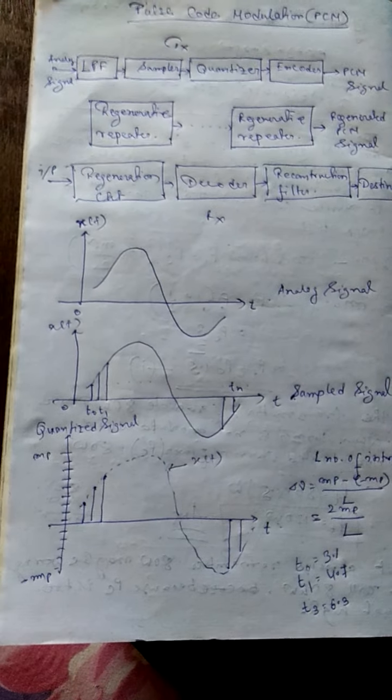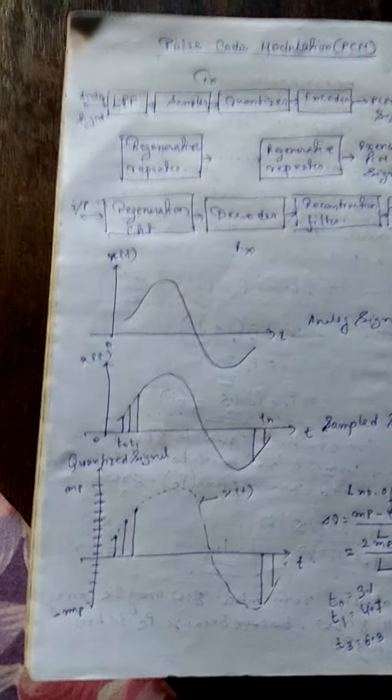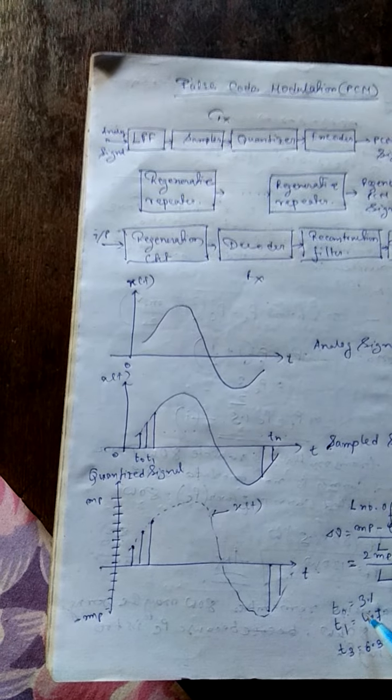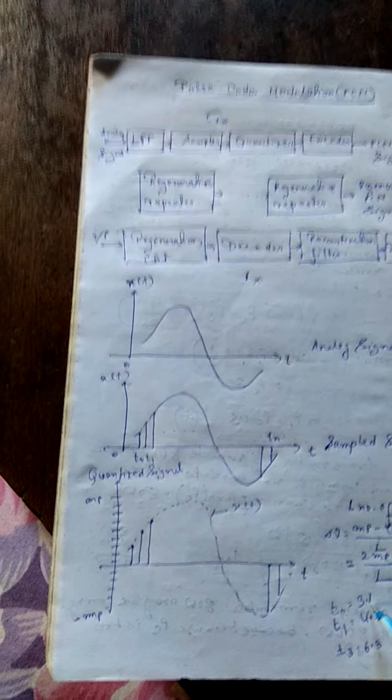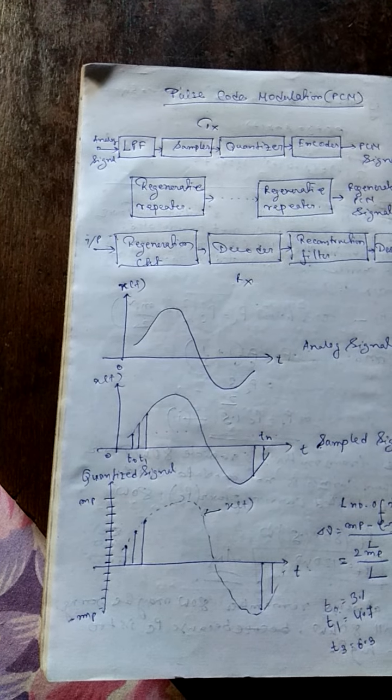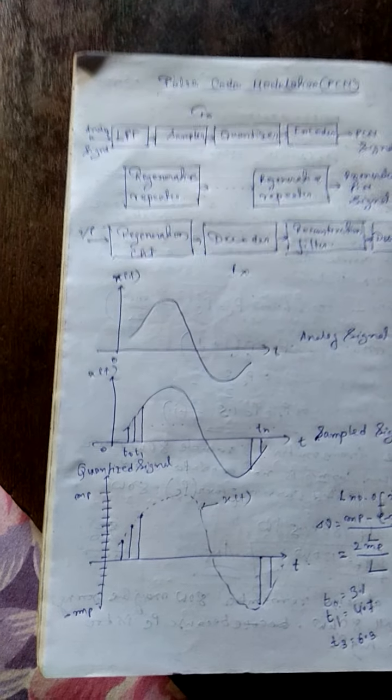We said that quantization means rounding off. In the t0 position the value is 3.1, which tends to 3, so it is rounded to 3.